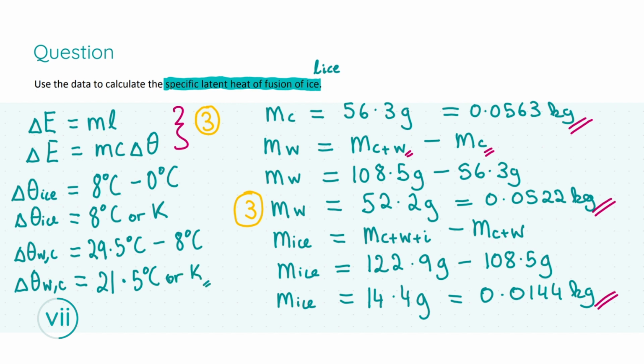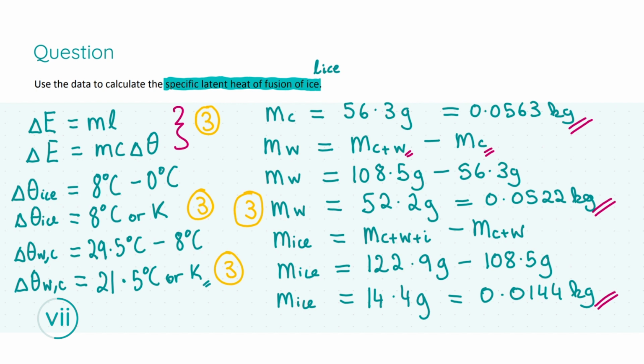Now, calculating the temperature change for the ice gives us 3 marks. Calculating the temperature change for the water and for the calorimeter also gives us another 3 marks. Which is great because just with these simple calculations, we've bundled up already 12 marks out of a possible 18. So already you've passed this section of the question very, very well.